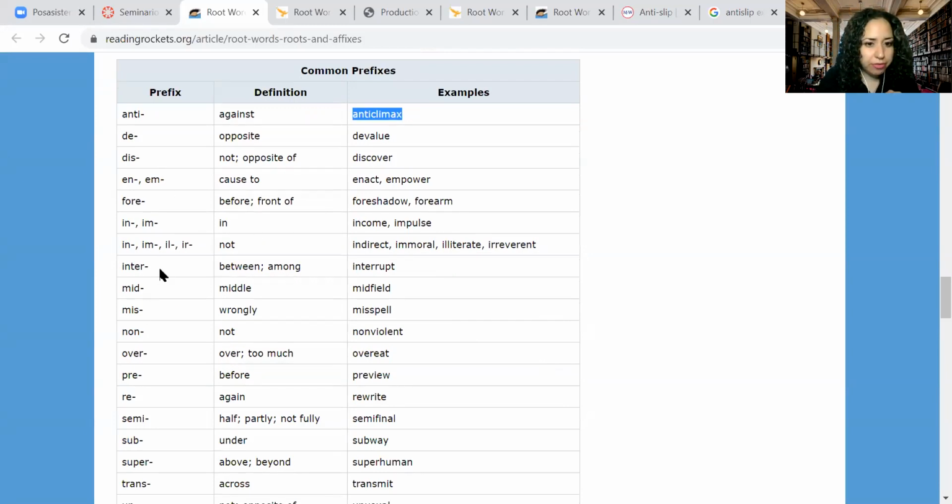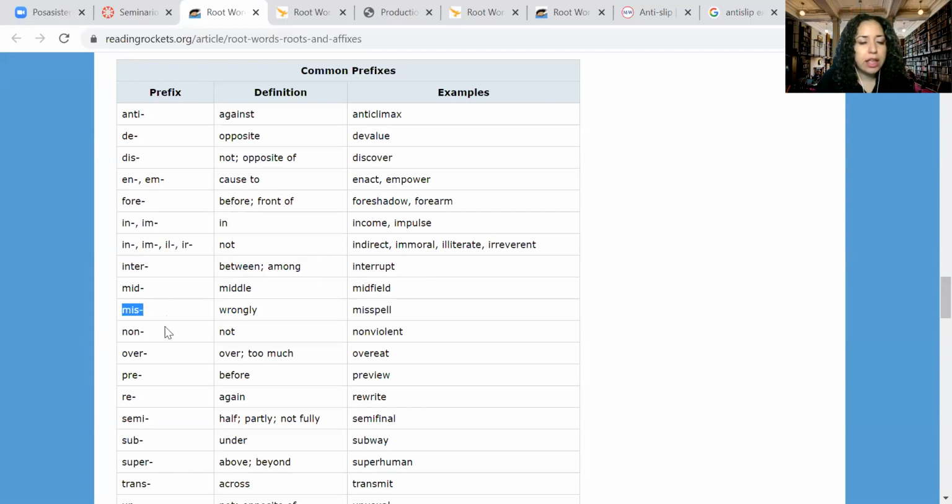Another example, inter. You already know the meaning of this. It's like in between, in the middle of something, among. So that's the definition. For example, interrupt, to break something. To interrupt is to break, for example, a conversation, right?